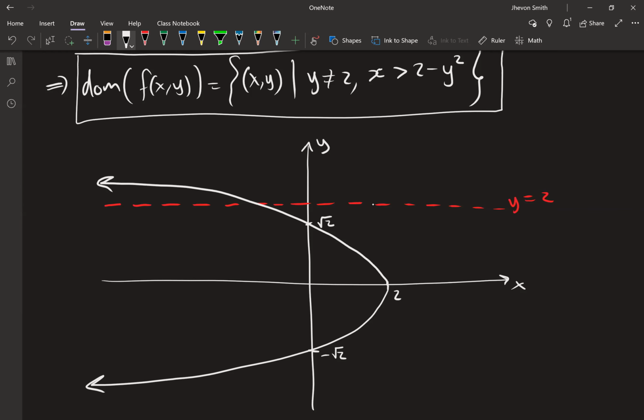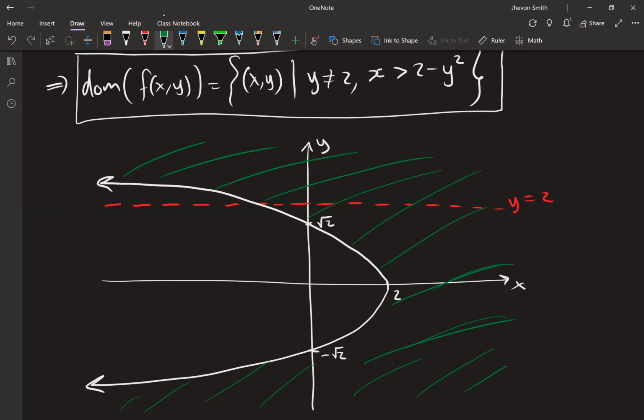So this would mean our domain would be everywhere out here, not including the red line. Okay, so that's how we can look at domains. Again, it's just a set of all values.